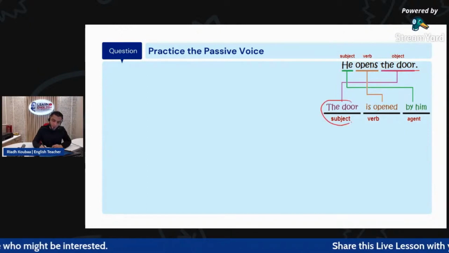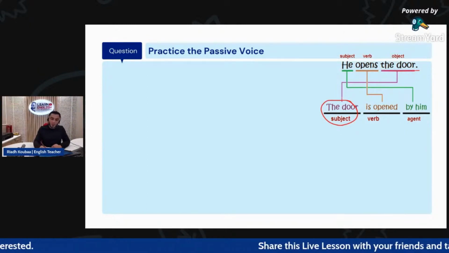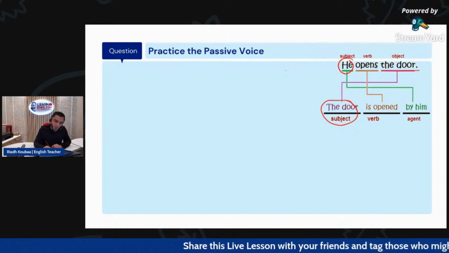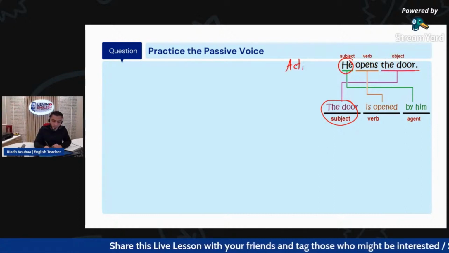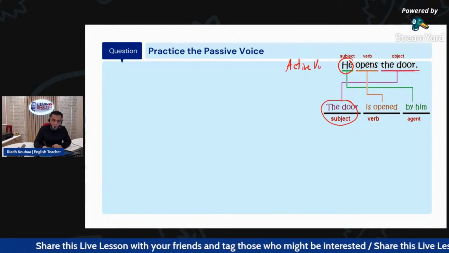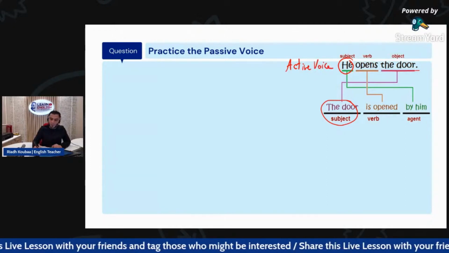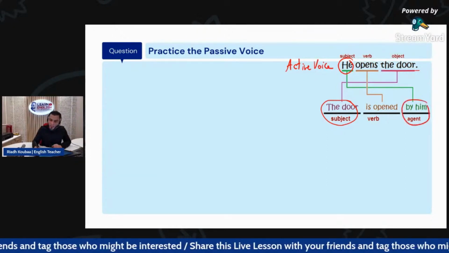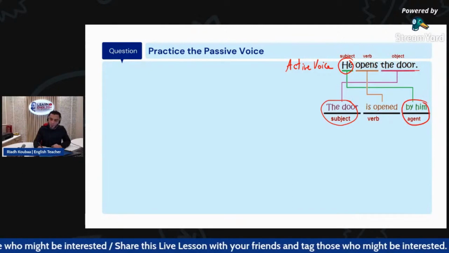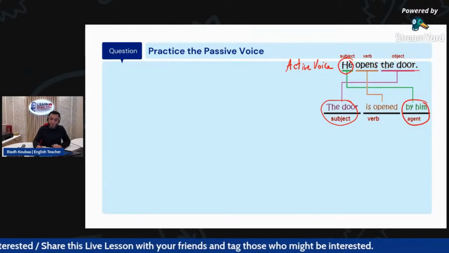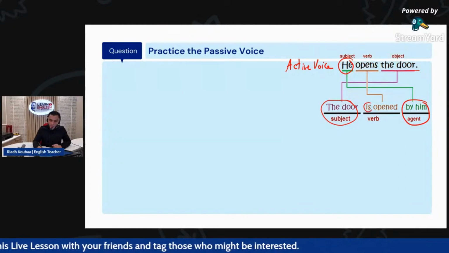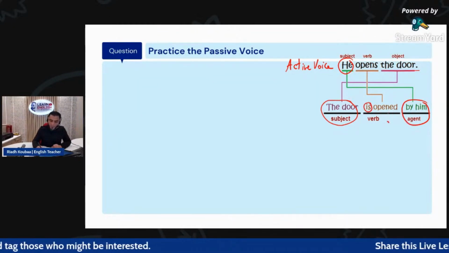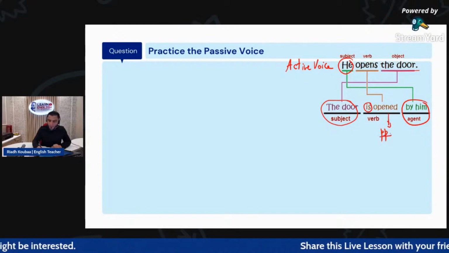Then the subject in the first sentence, and by the way, this is an active voice sentence, becomes an agent. And as you can see, we have here the tense, simple present tense. So we have added here is and opened, which is the past participle.